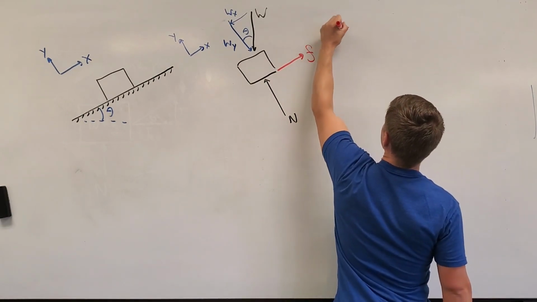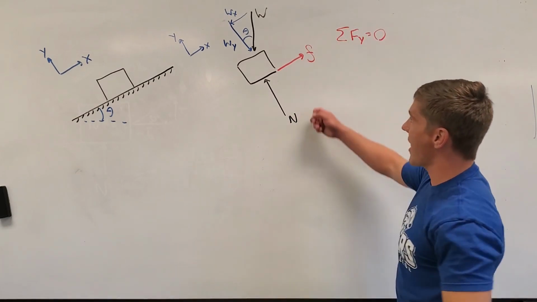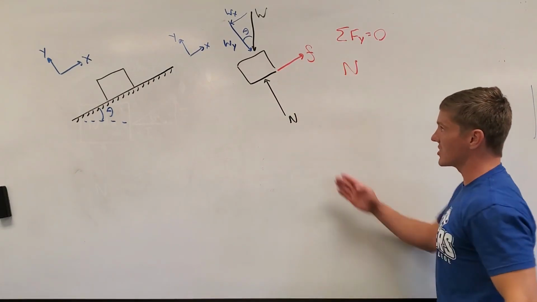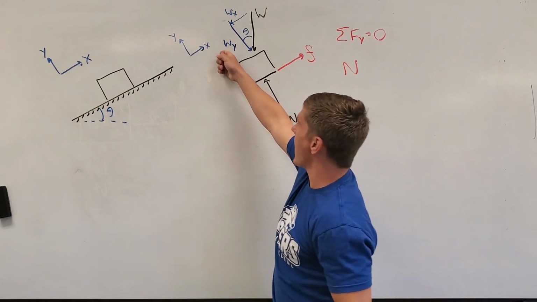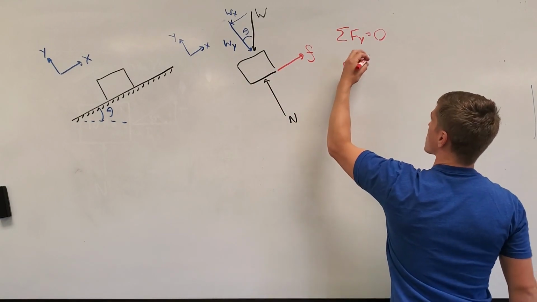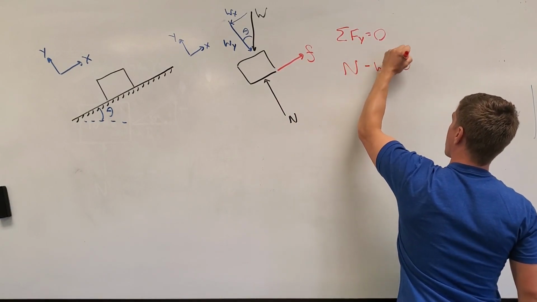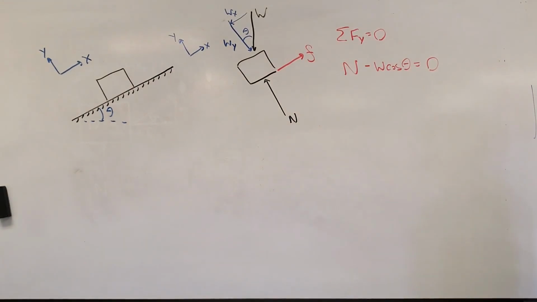We're going to say that the sum of our forces in the y direction is equal to 0. What do we have acting in the y direction? Well, we have a normal force acting upwards, so it's acting in the positive y direction, and we have a component of the weight acting downward in the negative y direction, so we have a negative weight cosine of theta is equal to 0.